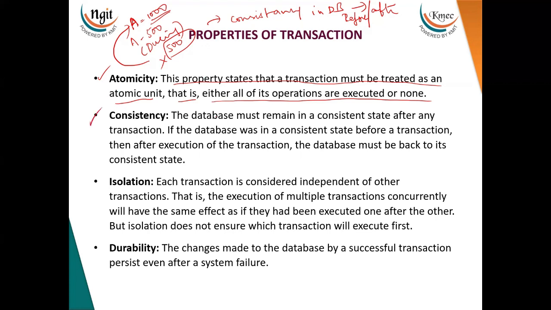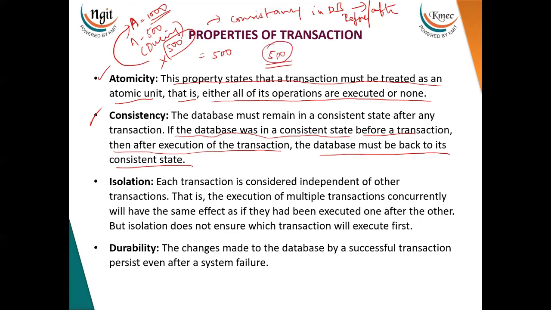Coming to consistency, the database must remain in a consistent state after any transaction. It says that if the database was in a consistent state before a transaction, then after execution of the transaction, the database must be back in a consistent state. Let us take the same example. Initially, account A holds 1000 rupees, and after performing the withdrawal operation, 500 rupees has been deducted from account A. The remaining amount in account A is 500.